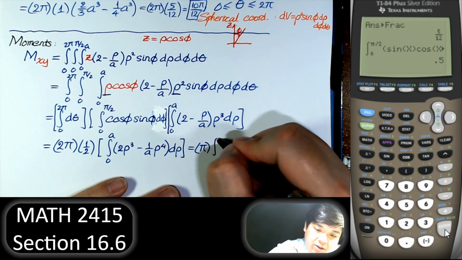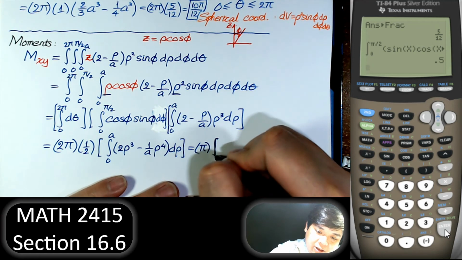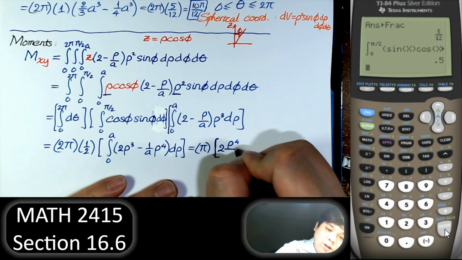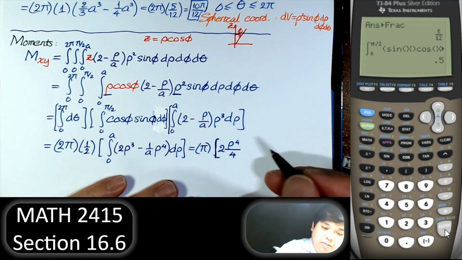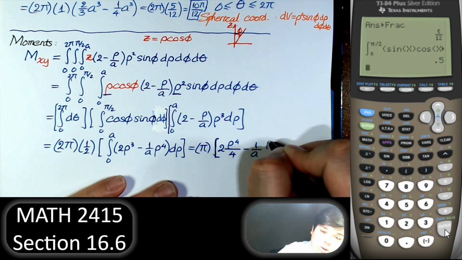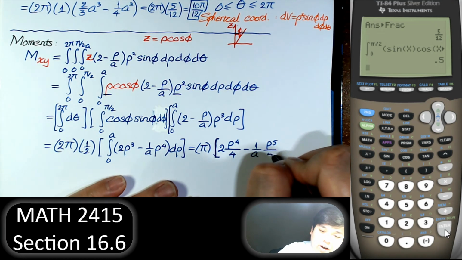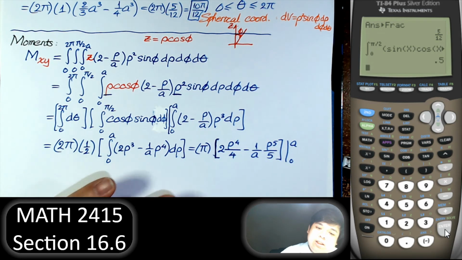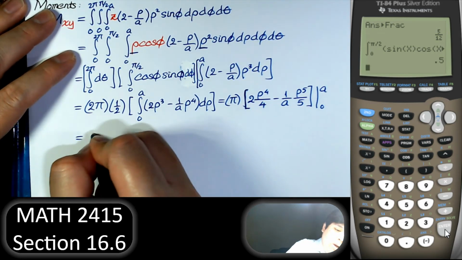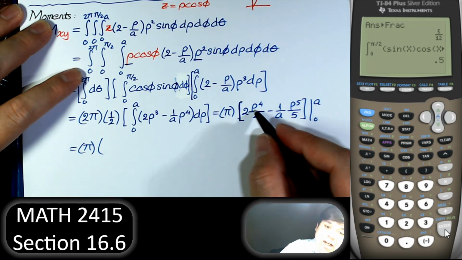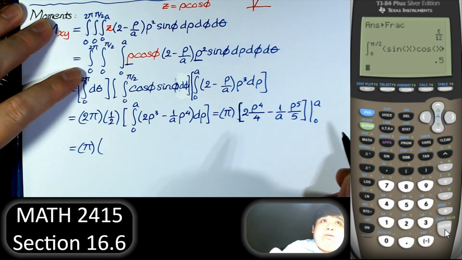And then we can integrate 2 rho to the 4th over 4 minus 1 over a rho to the 5th over 5. Evaluate from 0 to a. So we have pi times, put a in here, we have something, put 0 in there, we have nothing.